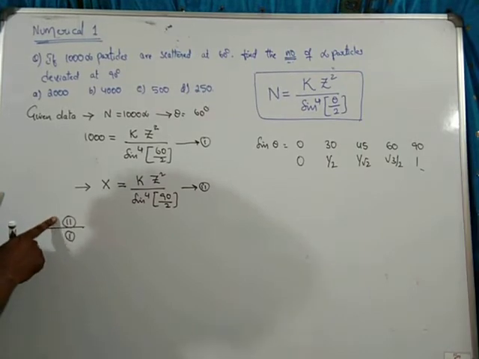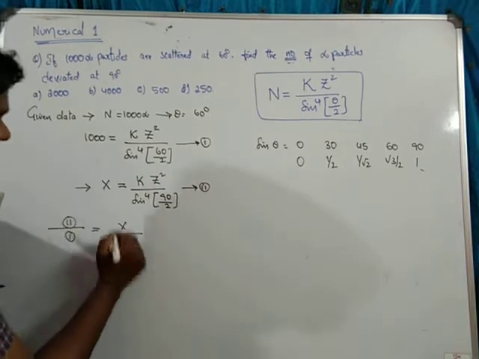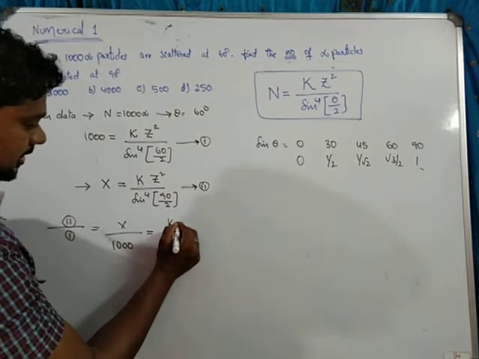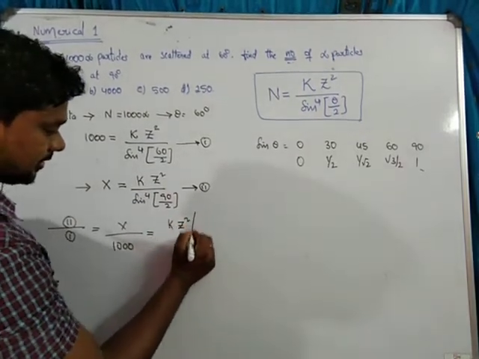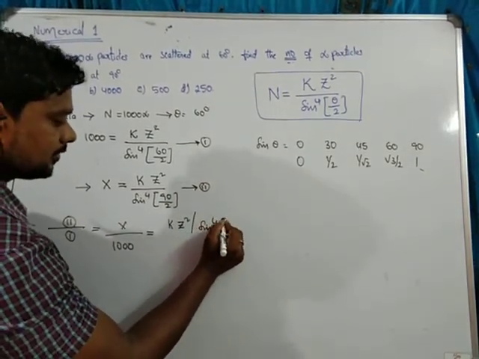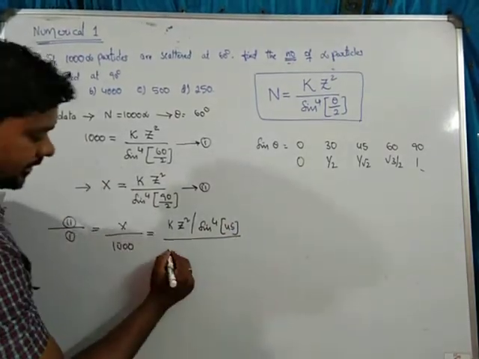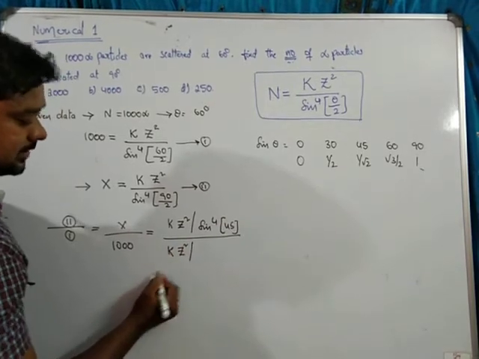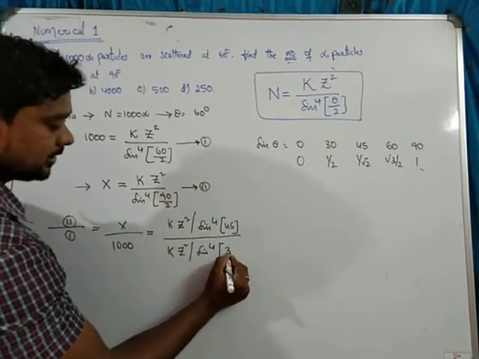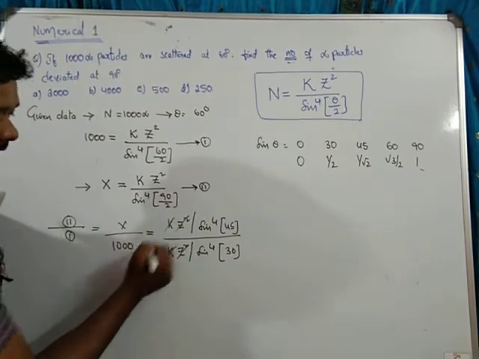So dividing equation 2 by 1, we get x divided by 1000 is equal to k Z square divided by sine power of 4, 90 by 2 means 45, divided by the first equation, k Z square divided by sine power of 4, 60 by 2, which is 30. So here Z square will be cancelled, k will be cancelled.